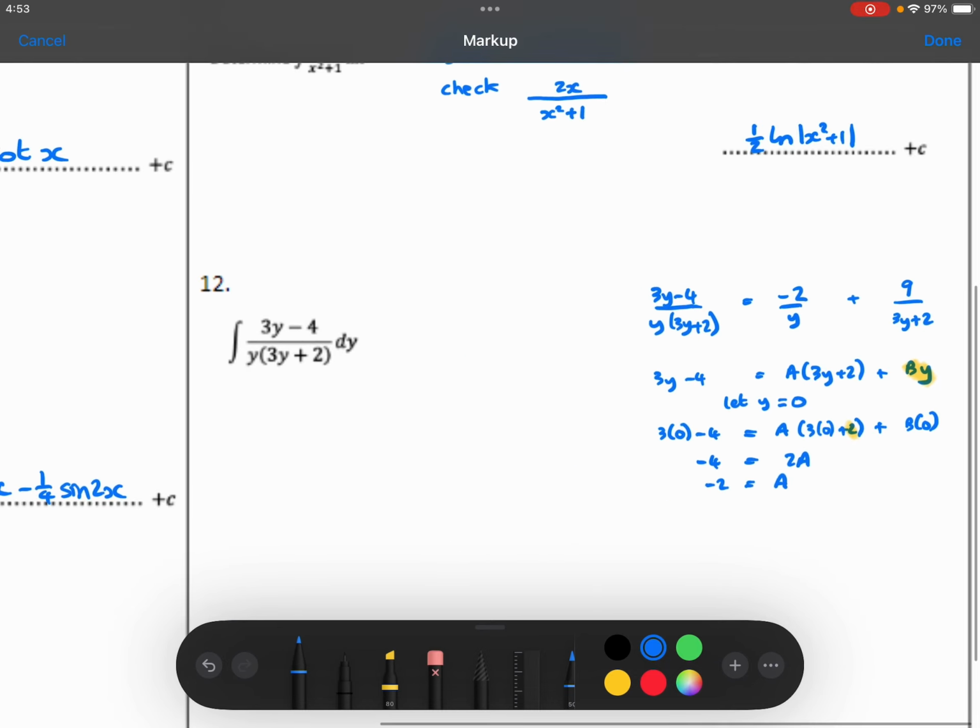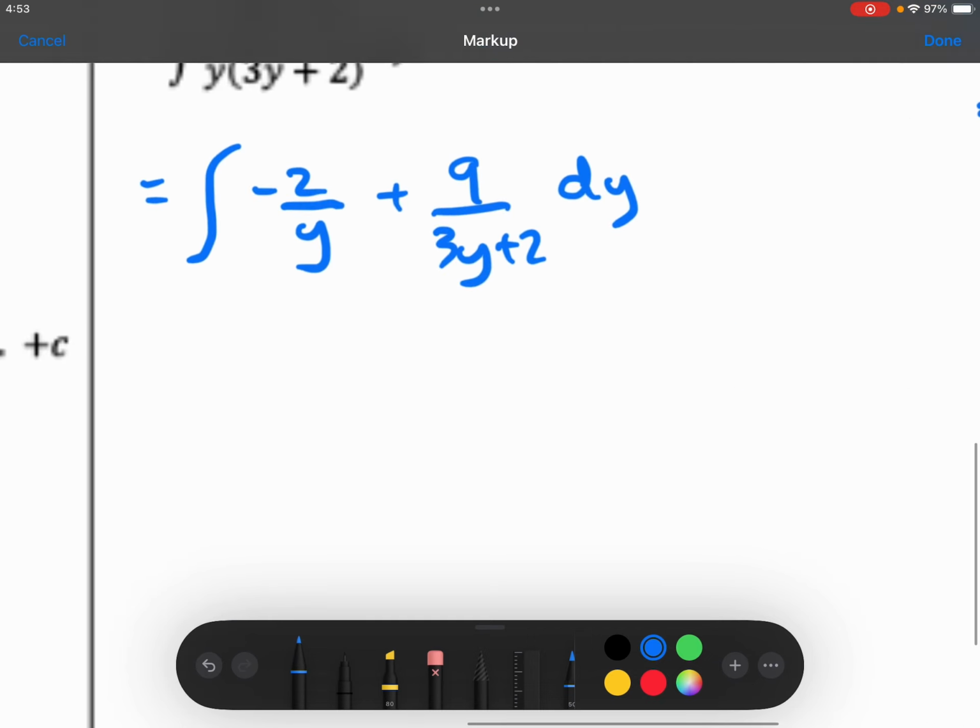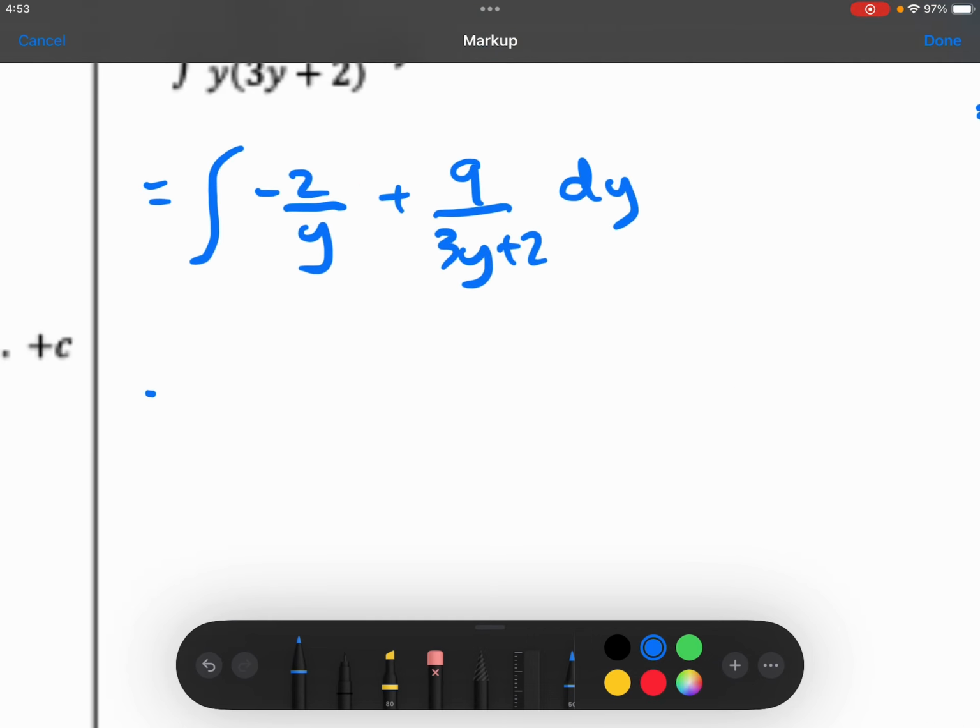So all of that working allows me to replace the fraction with minus 2 over y plus 9 over 3y plus 2. And now both of those can be integrated with logarithms to get minus 2 ln y plus 9 ln of 3y plus 2.